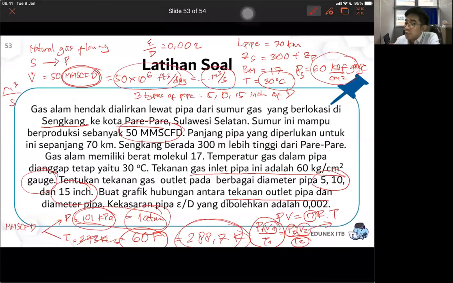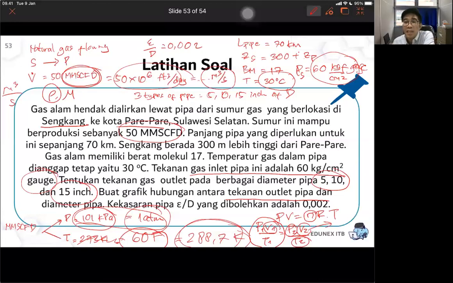For calculating the Reynolds number, you will need the value of density and viscosity, right? Yes, sir. How can you get the density? Do you still remember?